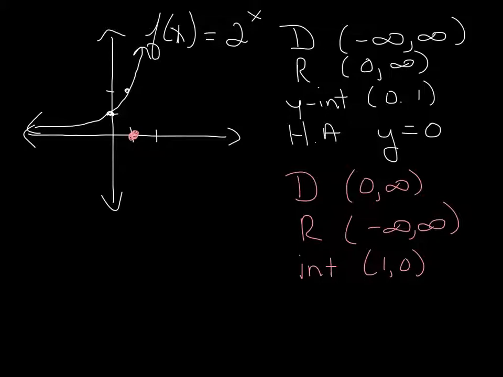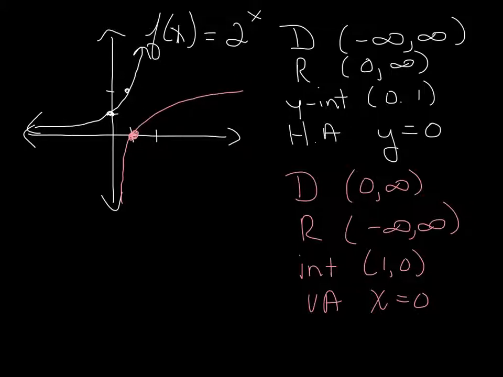And then what about any asymptotes? For the exponential function, we had a horizontal asymptote. So what kind of asymptote will we have for the inverse function? A vertical asymptote at x equals 0. So the inverse function is going to look like this.